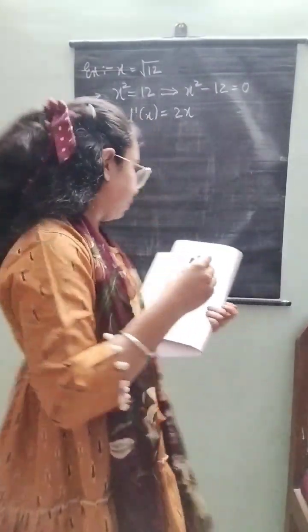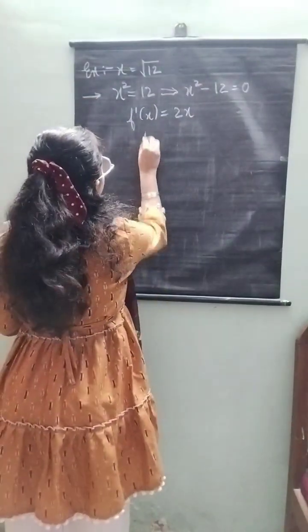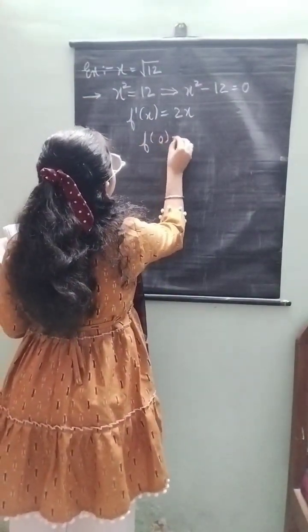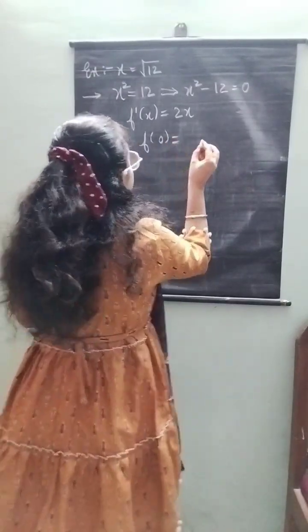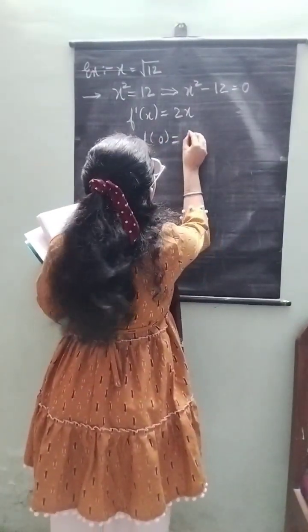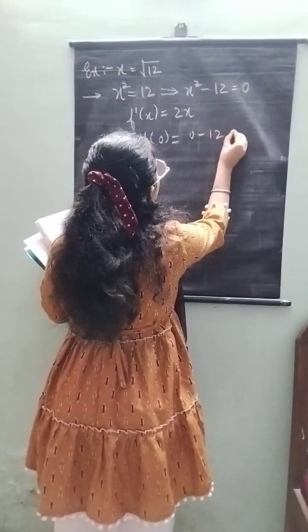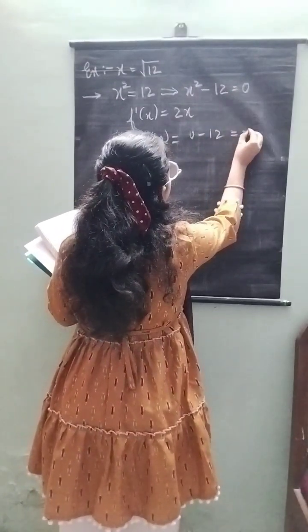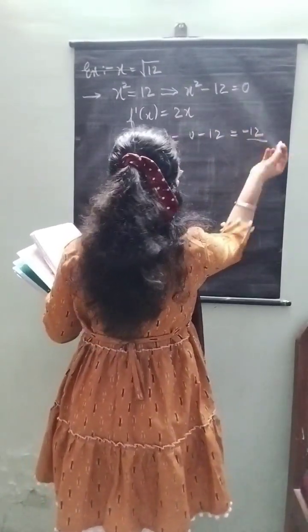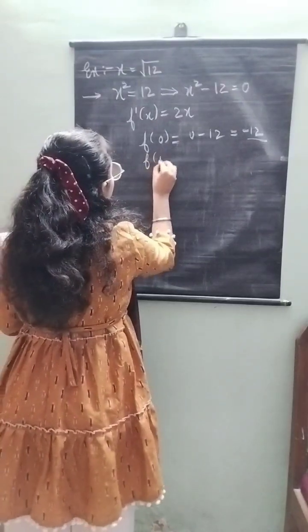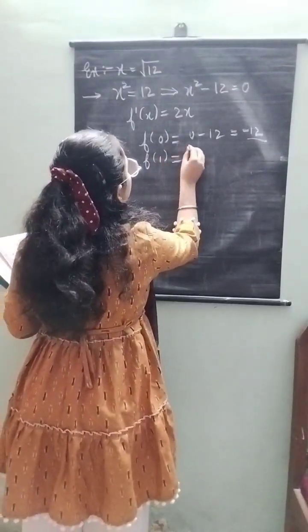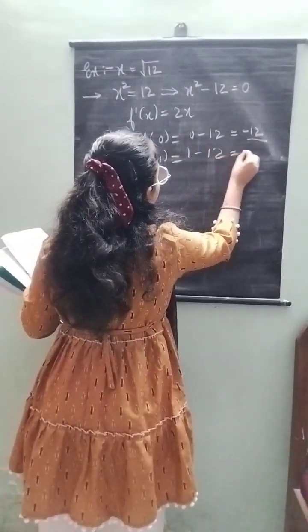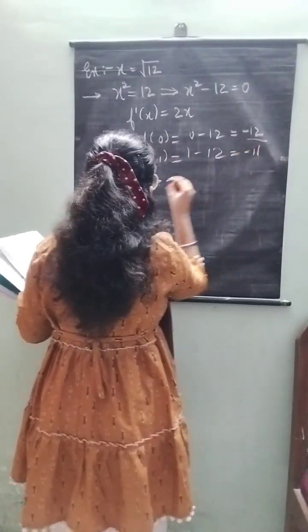So let's see, for f of 0 it will be 0 minus 12, which will give minus 12. This is negative. Then f of 1 is equal to 1 minus 12, which gives minus 11.